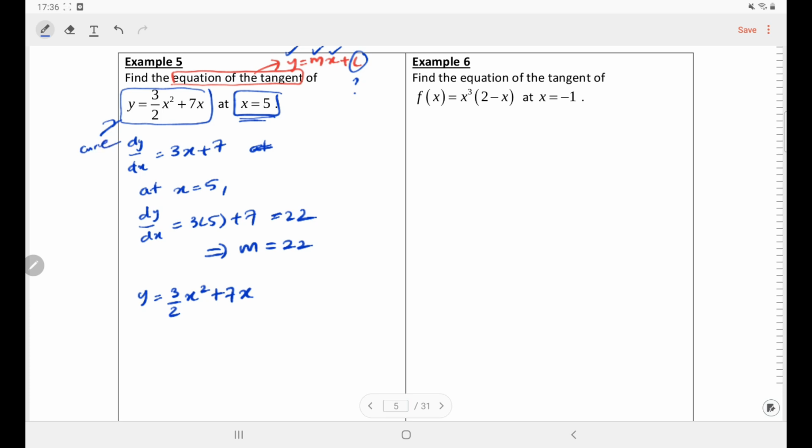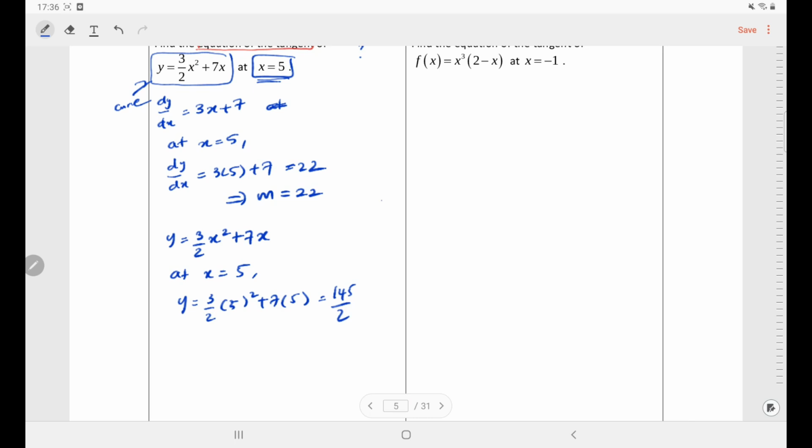Okay, so ini kita punya curve. Jadi kita akan ambil the original equation. Kita akan gantikan nilai x. Okay, so our y is equal to, okay, gantikanlah 5. So it's 145 over 2. So this is our y. Okay, dapat dah nilai y.